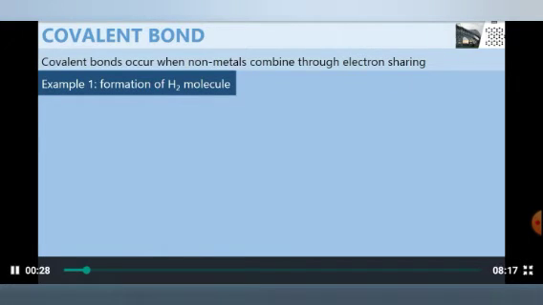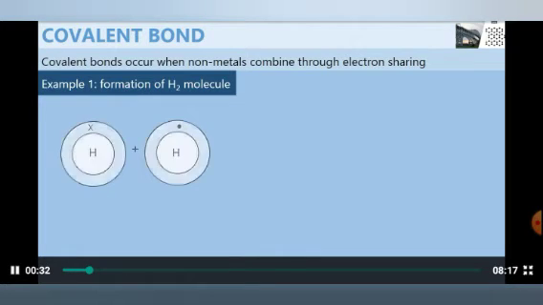For example, the formation of hydrogen molecule. Hydrogen atoms can be drawn using the following methods. You can use a dot or a cross. Now let us use a dot for one and a cross for another to represent electrons.